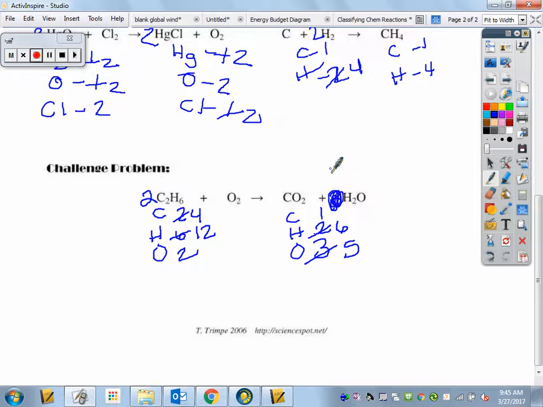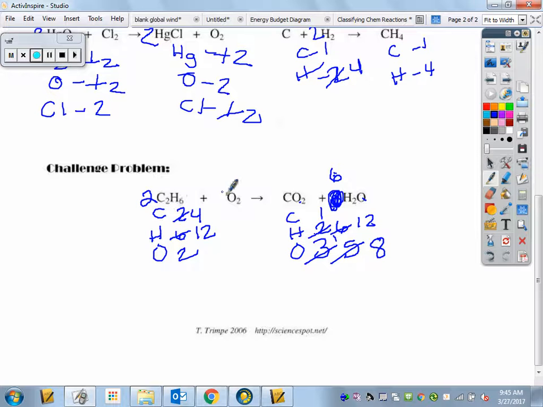So what can we do over here? Let's do a 6. 6 times H2 is 12. 6 oxygens plus 2 oxygens is going to give us 8. So you see it's 6, and then plus 2 is 8. Okay. Let's balance our carbon.